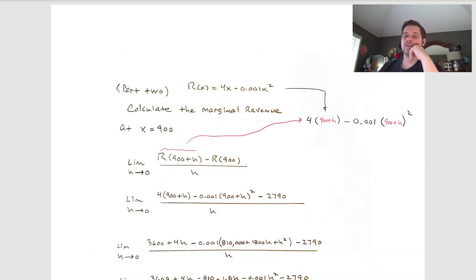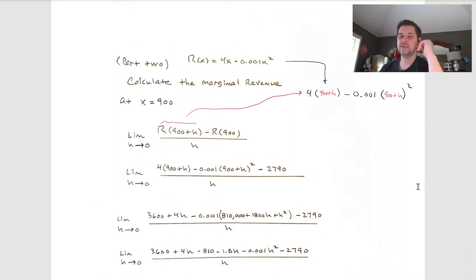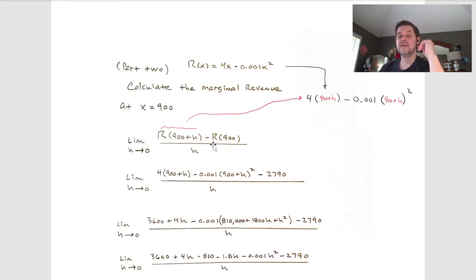Now, let's look at how that turns out in the next line. 4 times 900 plus h minus 0.001 times 900 plus h squared. That's what you see in the next line. In our revenue function at 900, plug 900 in there, you'll get 2,790.